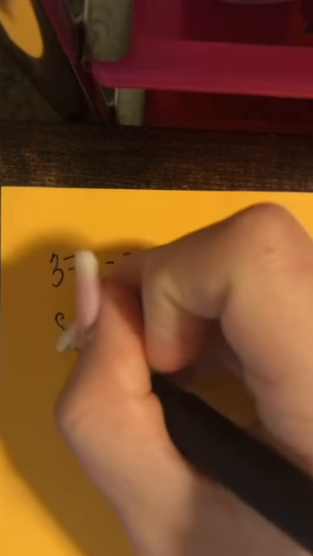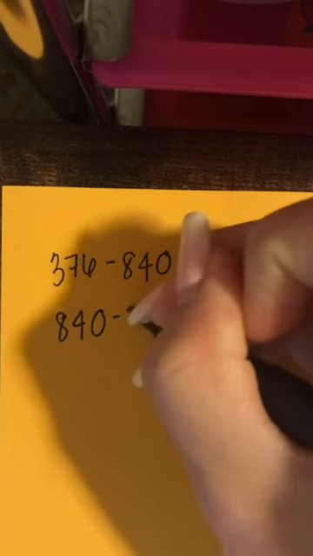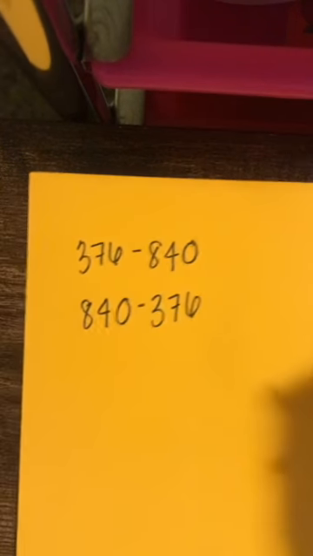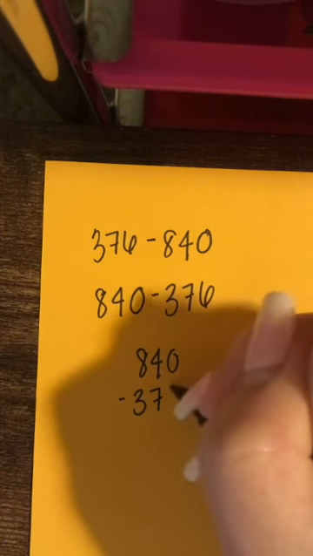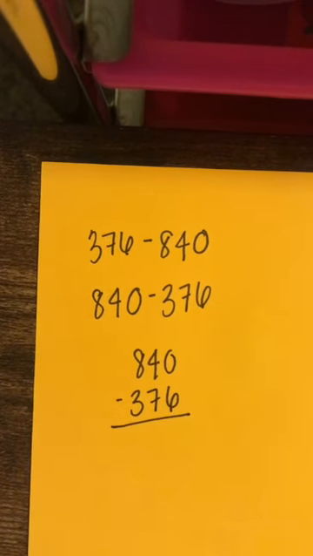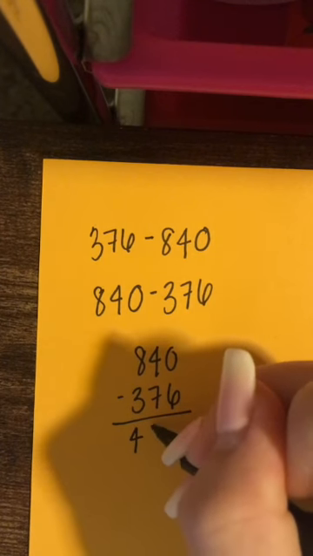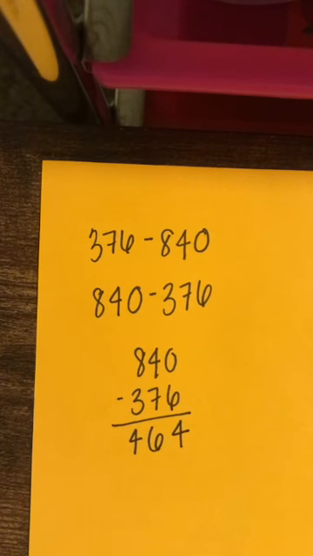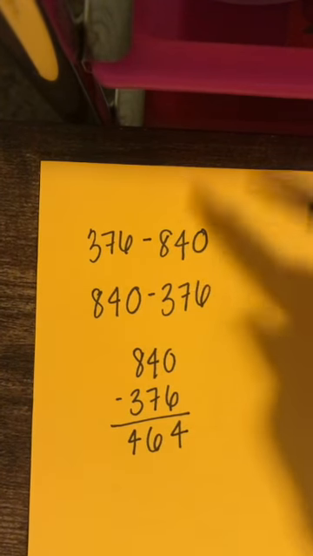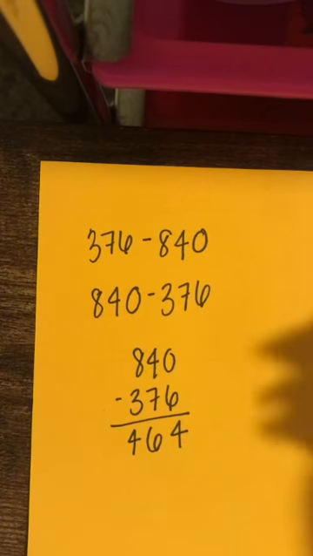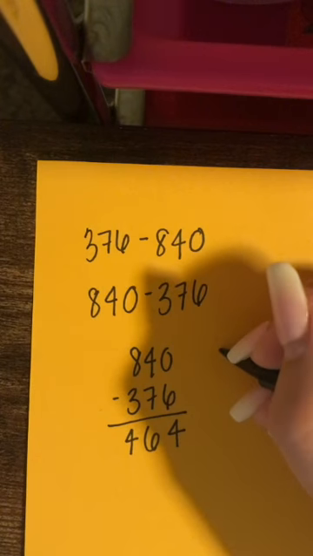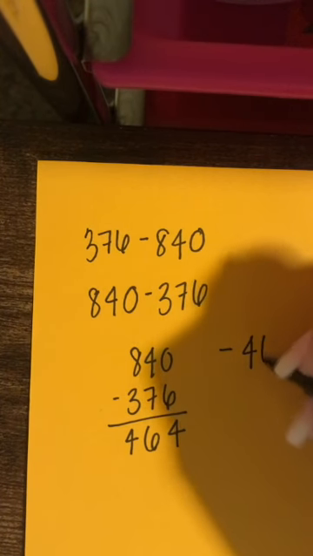So you can switch it to be 840 minus 376. And once you do that math, your answer will be 464. So we know that the answer to the original problem is the opposite of 464. So our answer will now be negative 464.